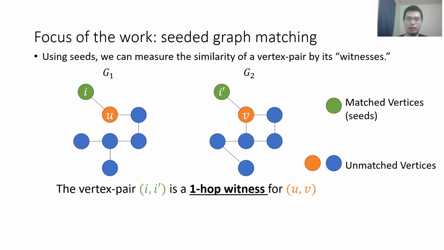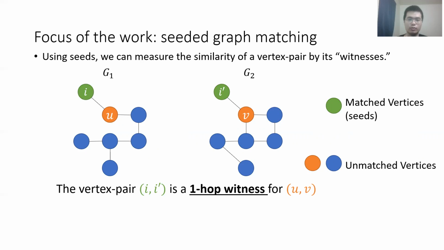For instance, here, the correctly matched vertex pair i, i prime is colored green, and the unmatched vertices are colored blue or orange. Then the seed i, i prime is called a one-hop witness for the vertex pair u, v because i is a one-hop neighbor of u in G1, and i prime is a one-hop neighbor of v in G2.